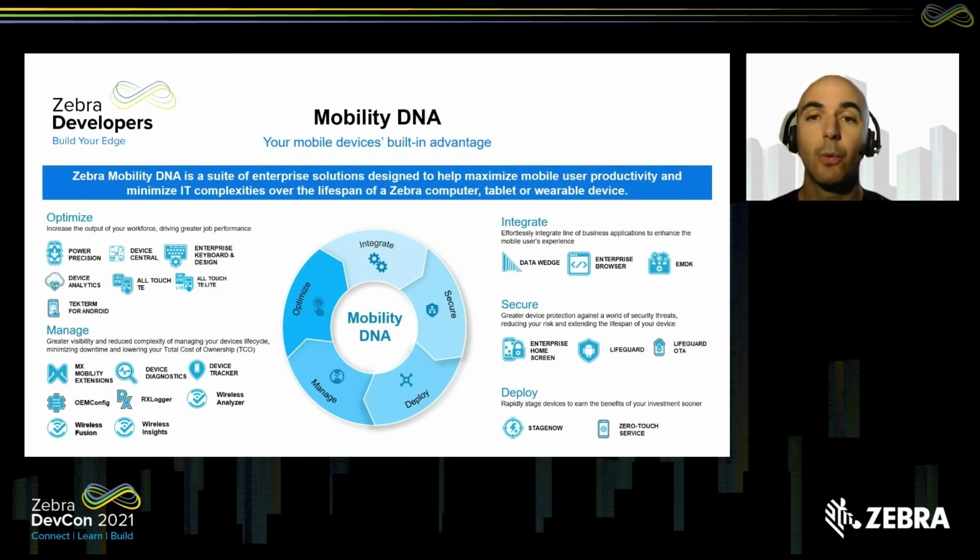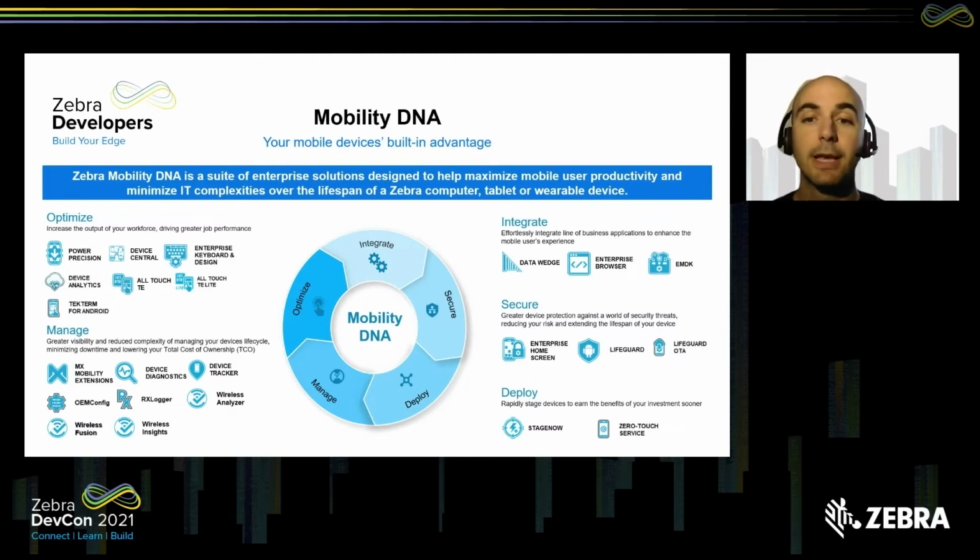Under Manage, we offer a number of tools, some of which we'll talk about during this presentation, including our proprietary APIs, MX, that work jointly with Google's Android APIs to provide you maximum capability to control your device, as well as our support tools, like our wireless analyzer, RX logger, device diagnostic tool, etc., that allow you to see the device health and also support any issues that may arise.